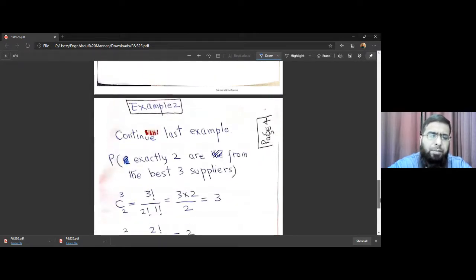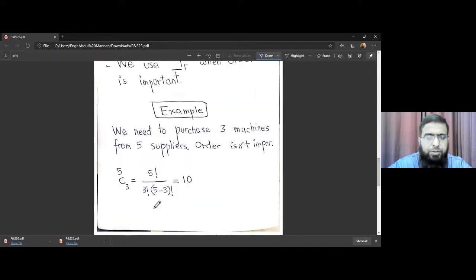Continuing this same example, suppose we rank the suppliers on the basis of the quality of product they deliver. What is the probability that exactly 2 of the 3 machines we select are from the 3 best suppliers? So we have 3 best suppliers and 2 not-best suppliers.